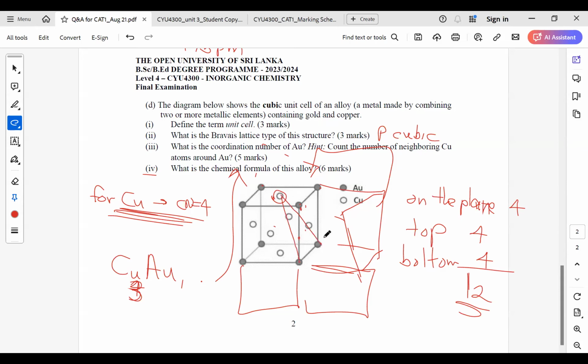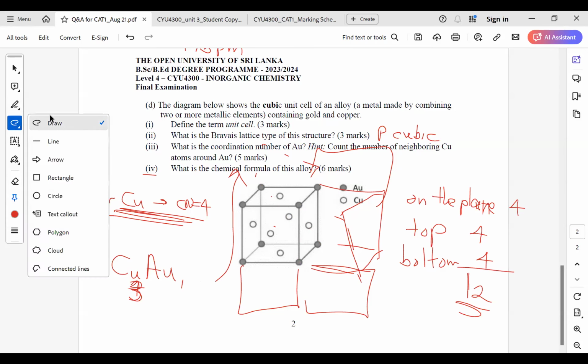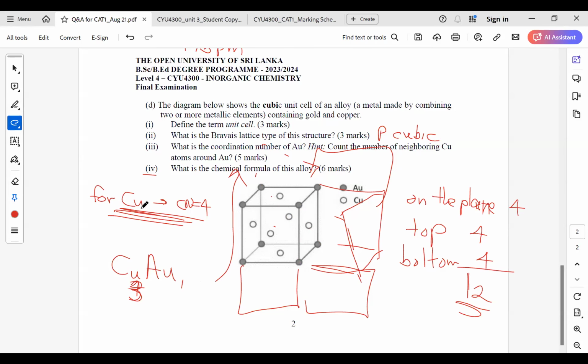They are not even touching the copper atom. So the number of neighboring gold atoms around a copper is actually 4. Therefore, the coordination number with respect to copper is 4. Is it clear? I can show you in that 3D model as well.